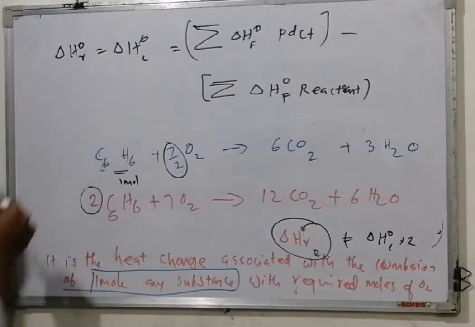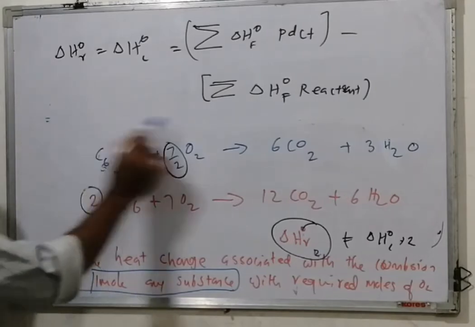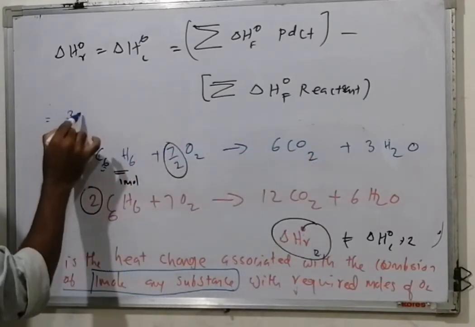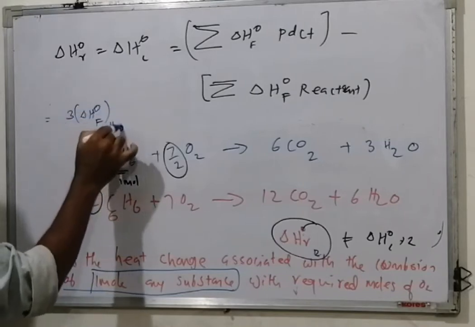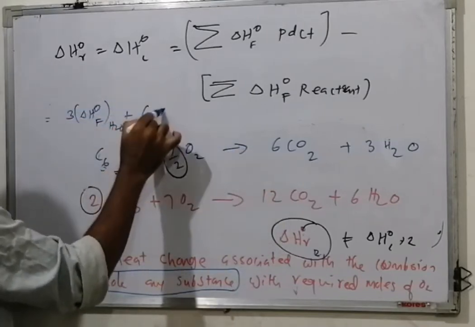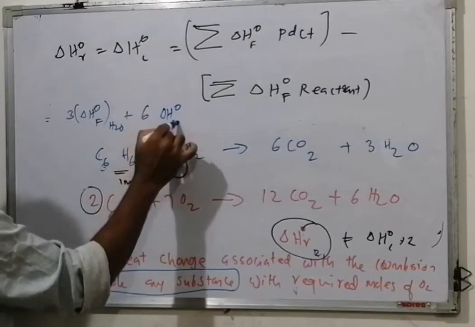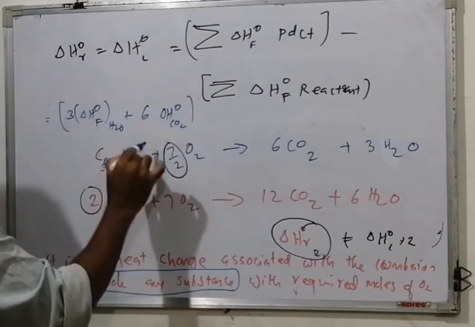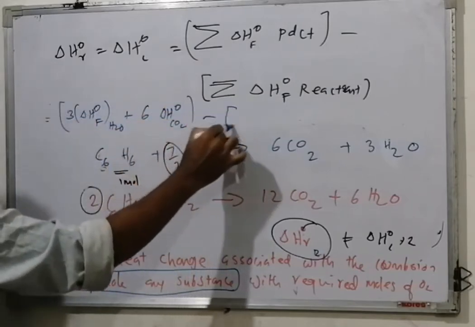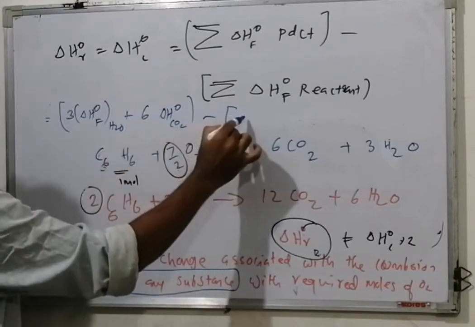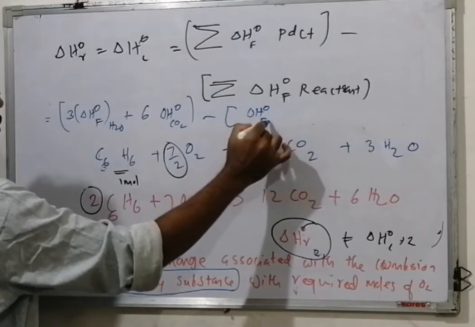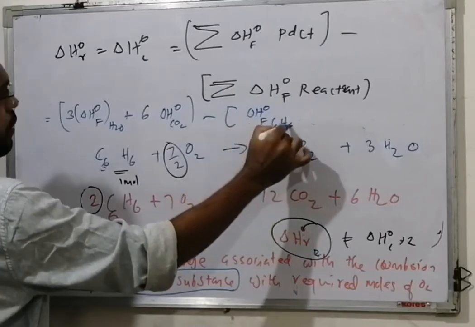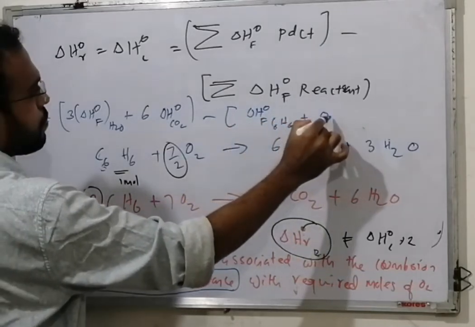Now what is that? The products: 3 into delta H0 formation of water plus 6 into delta H0 formation of carbon dioxide, minus 1 into delta H0 formation of C6H6 plus 0.